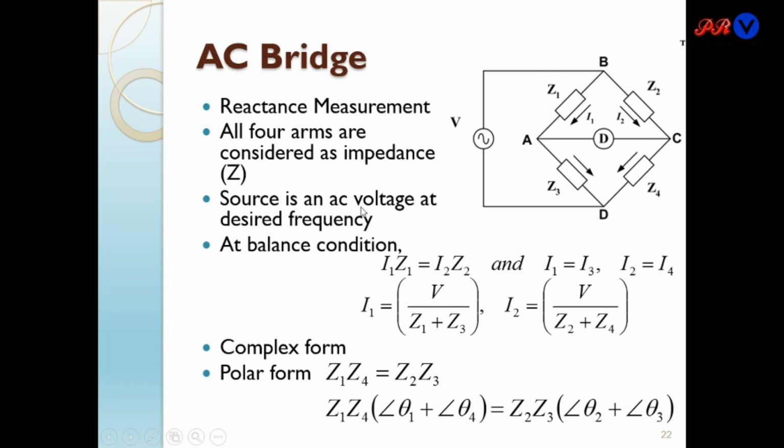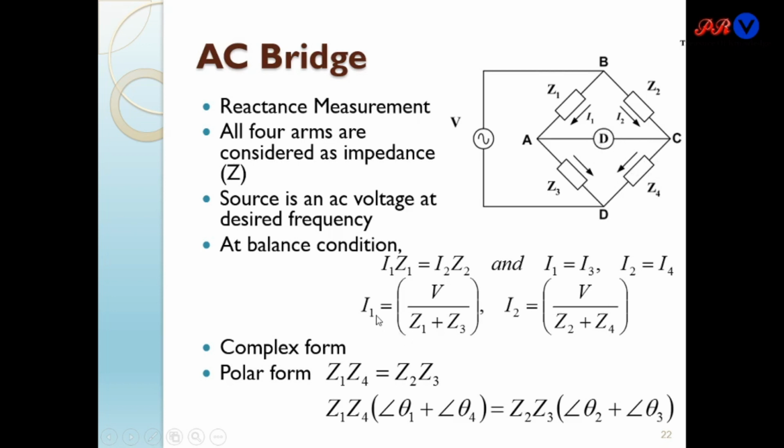Here the source is an AC voltage at any desired frequency. At balance condition, similar to the Wheatstone bridge where we have I1 R1 and I2 R2, here we have I1 Z1 equal to I2 Z2, which means that I1 is equal to I3, and I2 equals I4 when the detector shows null deflection.